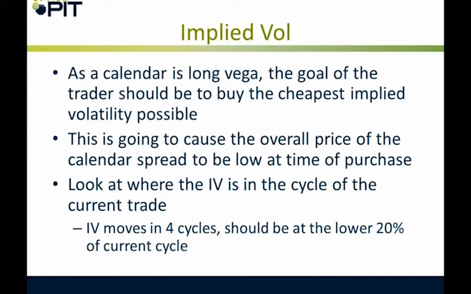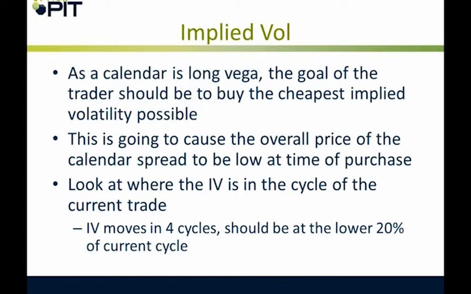So as a calendar is long vega, the goal of the trader should be to buy the cheapest implied volatility as possible. This is going to cause the overall price of the calendar spread to be low at the time of purchase. Look at where the IV is in the cycle of the current trade. Implied volatility really moves in 4 cycles. Zone 1, which is kind of low volatility.